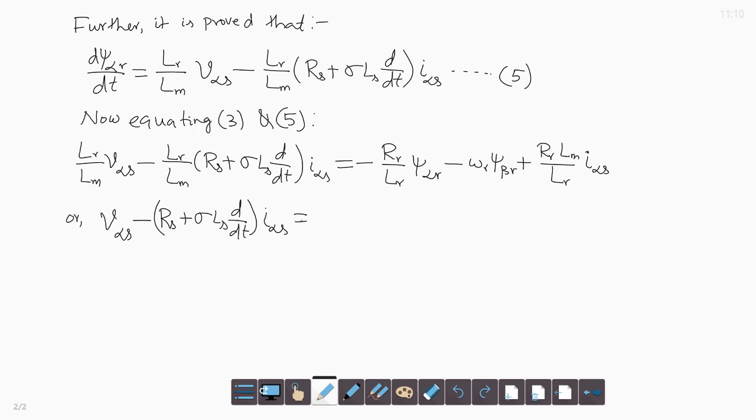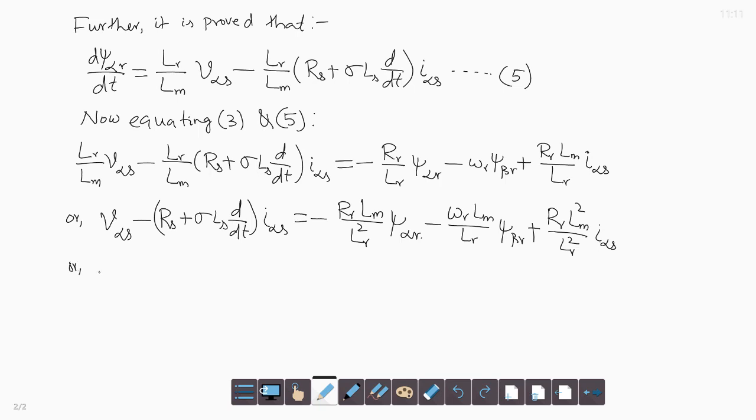So, we get left hand side as this, right hand side is minus R R L M by L R square psi alpha R, then minus omega R L M by L R psi beta R plus R R L M square by L R square into I alpha S.